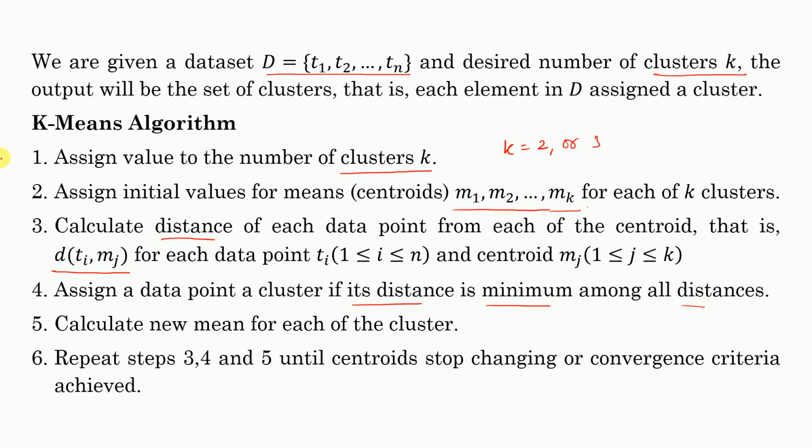So these are the steps of the K-means algorithm. Now calculate the new mean for each cluster and repeat steps 3, 4, 5 until centroids stop changing or the convergence criterion is achieved. So these are the steps which you can write as an algorithm for K-means.